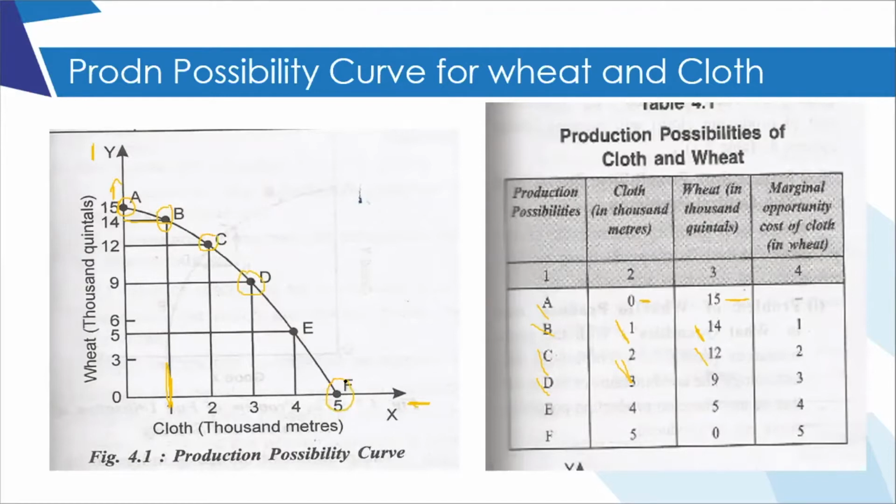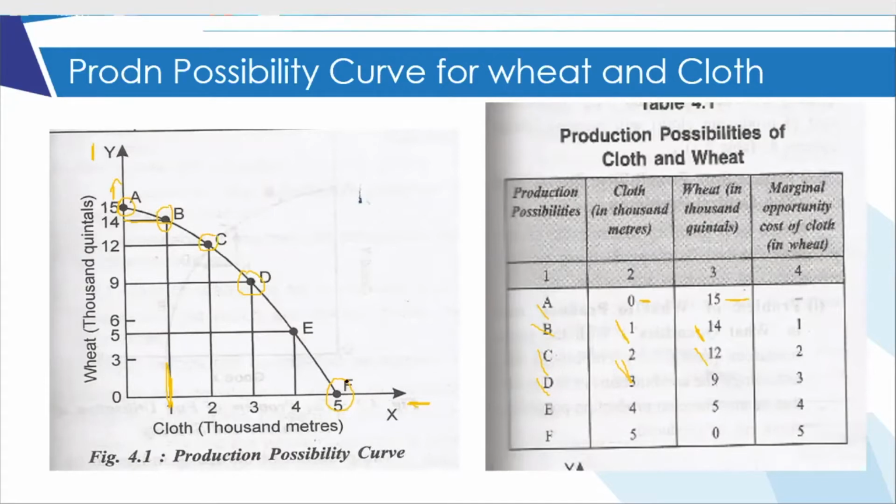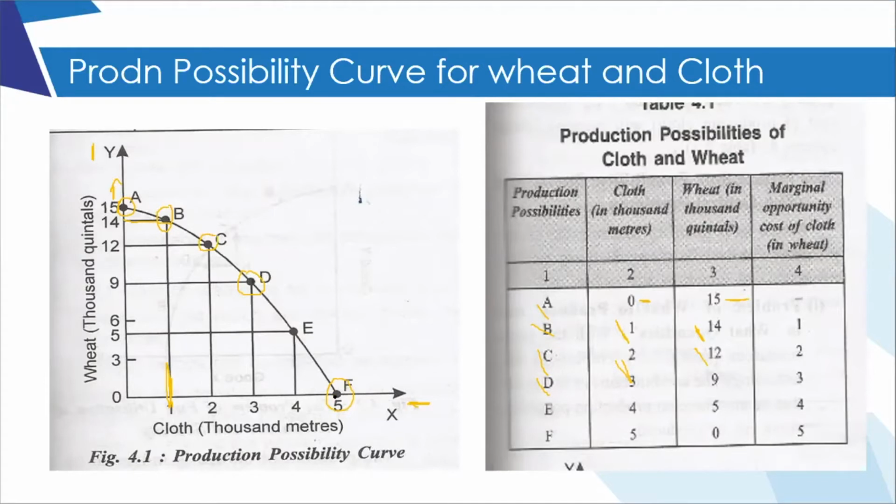When the cloth is 5, you cannot produce any wheat, because all the resources that you had in your economy are now sent towards production of cloth. So at point F, at maximum capacity, you can make only 5000 meters of cloth. At that time you cannot produce any wheat, because all resources are diverted towards cloth.